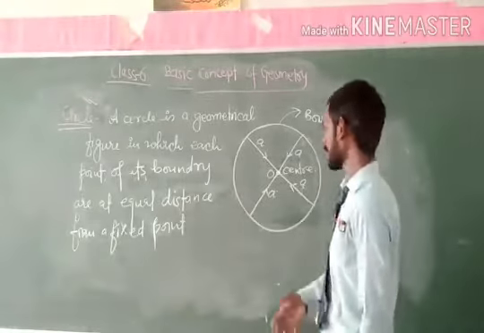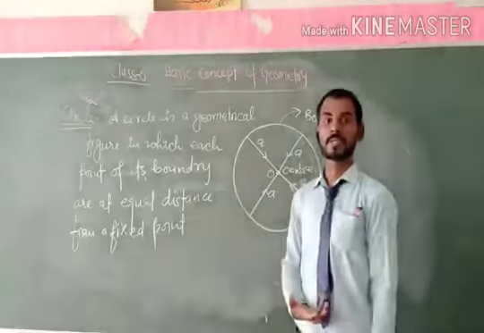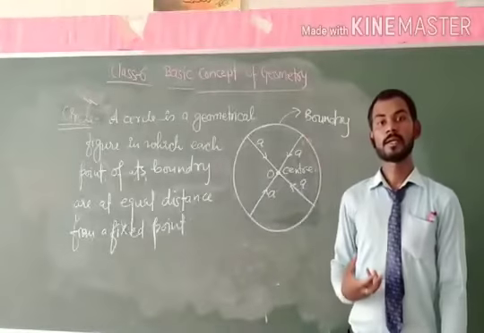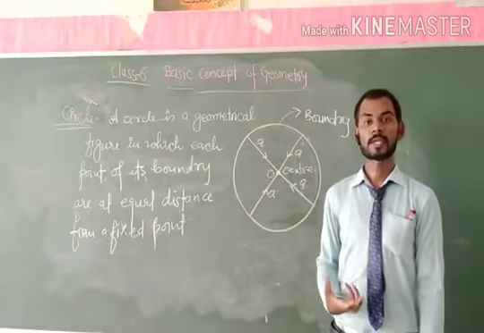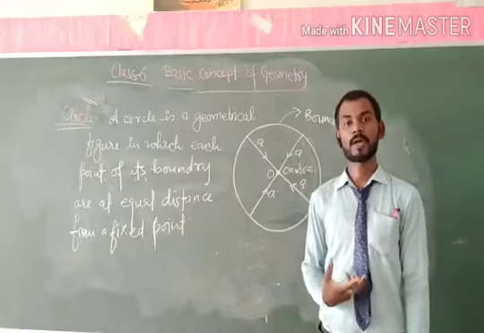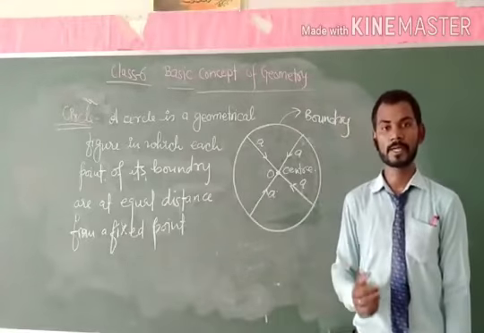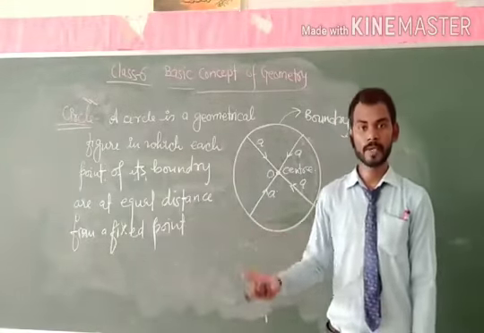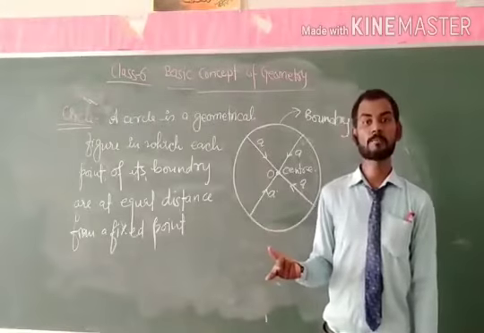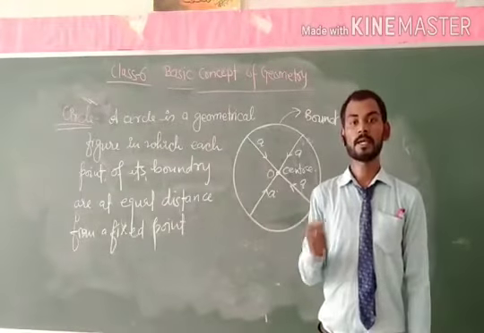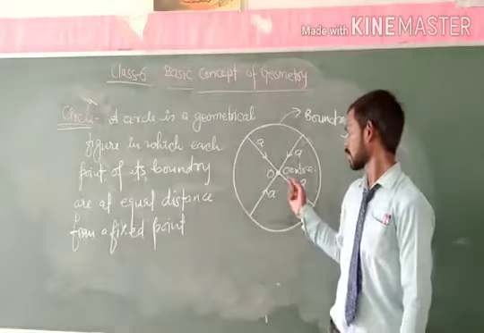So if I ask you what you know about the center, you will say that as we define a circle, every point of the boundary is at equal distance from a fixed point, and that fixed point is known as the center of the circle.